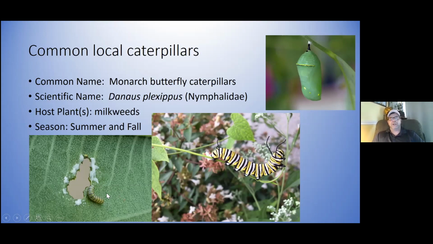That's the strategy, because all this gooey latex can gum up the mandibles of this little tiny caterpillar. So it has special behaviors for circumventing the plant defenses, which is really interesting. And you can see I did include the pupa of this one because it's so beautiful. It has this gold flecking in the chrysalis, because this is a butterfly.